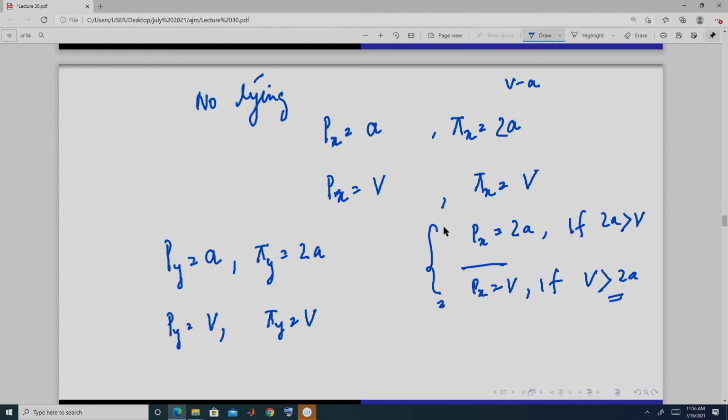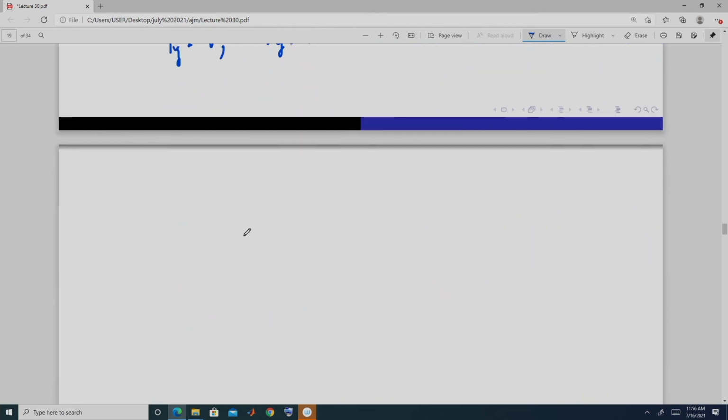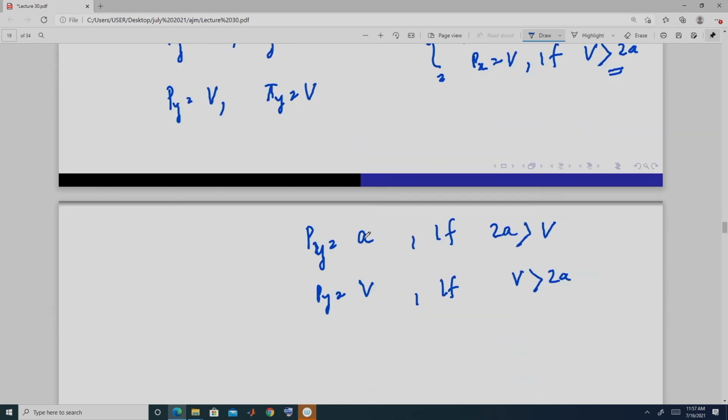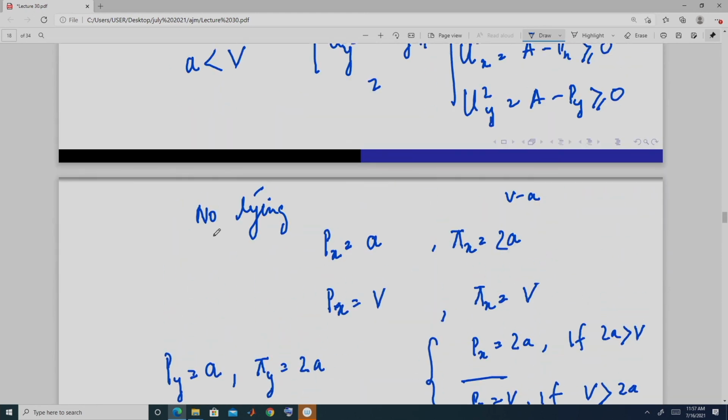So, following this, we get that Py is equal to A if 2A is greater than V, and Py is equal to V if V is greater than 2A. If it is the same, then they are indifferent, you can charge anything. Okay. Now, we have got this if there is no time.